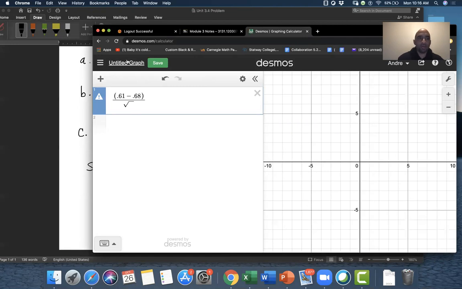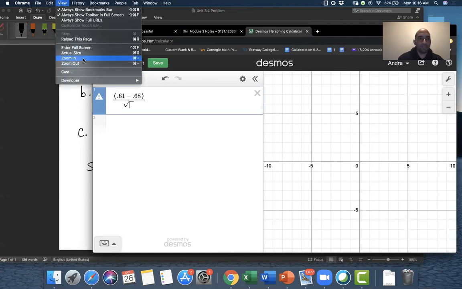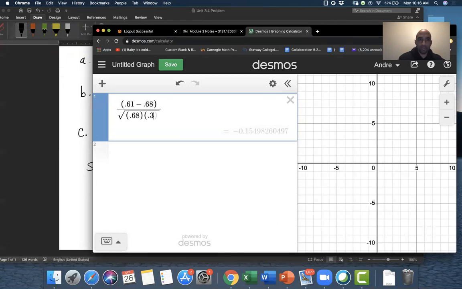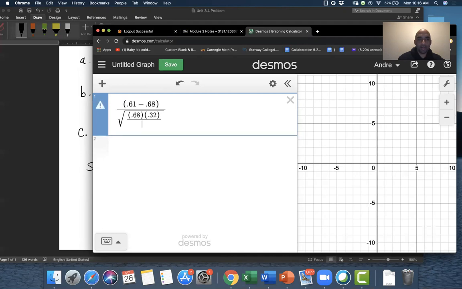And here let's make this a little bit bigger. We're going to do parentheses, 0.68, that's P, 0.32, that's 1 minus P, divided by N, which is 180.